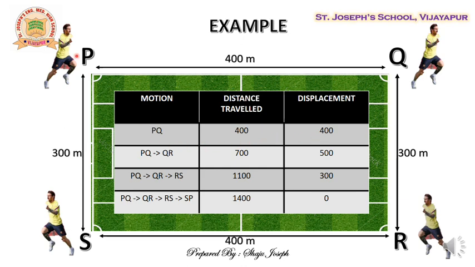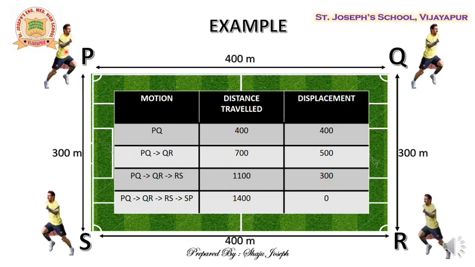Let us talk about when the player goes from P to Q, Q to R. At that time, the distance travelled is 700, whereas the displacement is 500. What about when the player goes from P to Q, Q to R, R to S? At that time, the total distance travelled is 1100, whereas the displacement is 300.